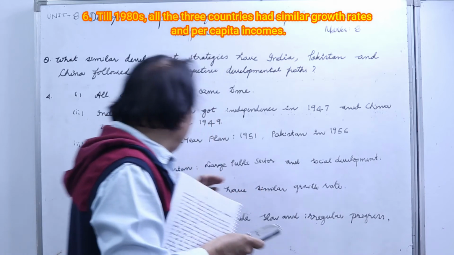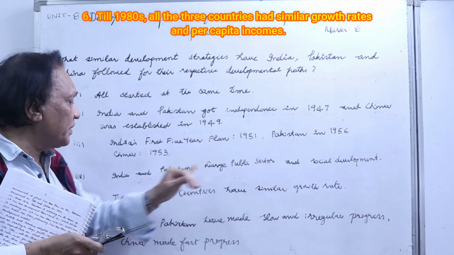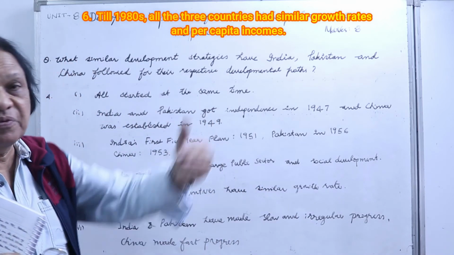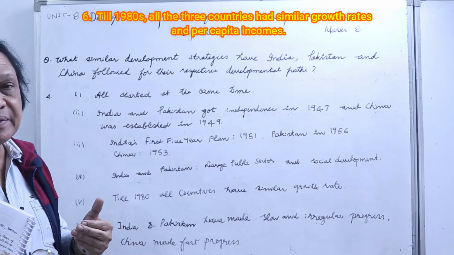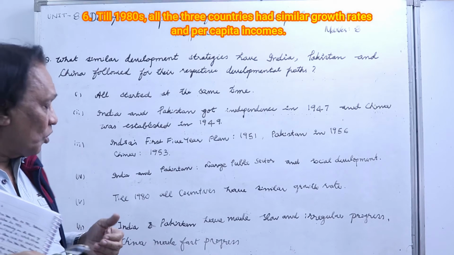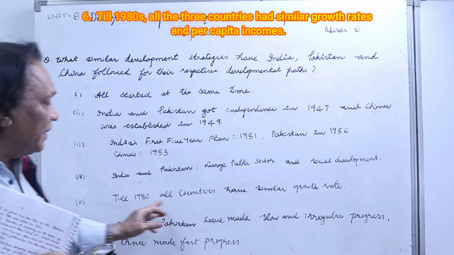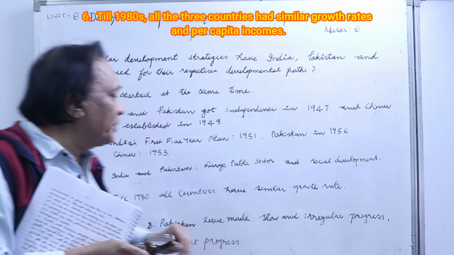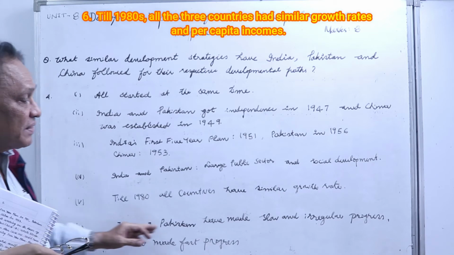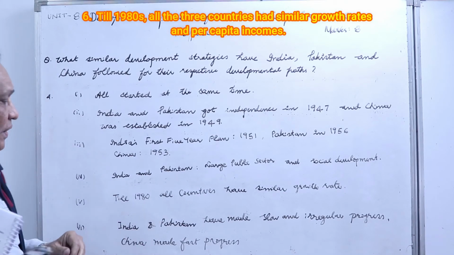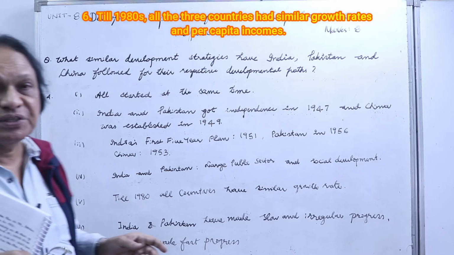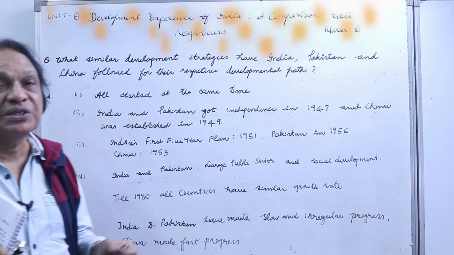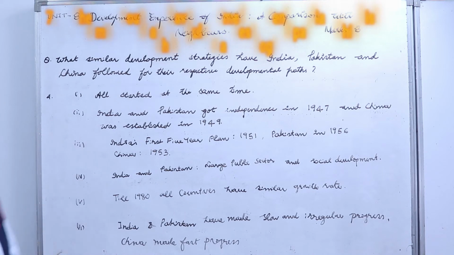After 1980, China moved faster compared to India and Pakistan in economic development. India and Pakistan made slow and irregular progress. China made fast progress.